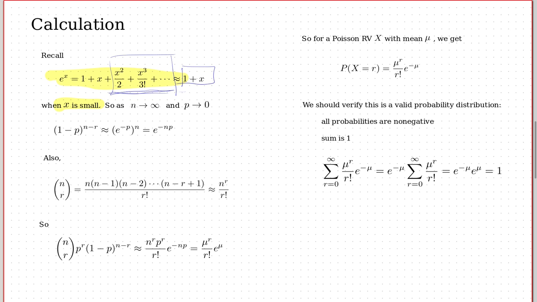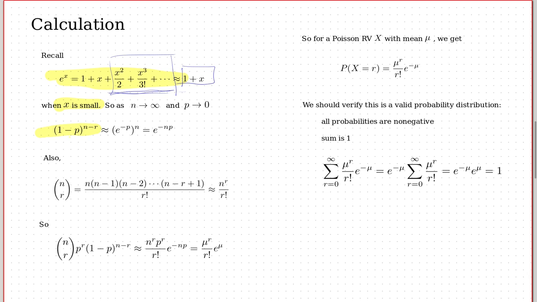In particular, look at this term here. Remember, this term occurred in the Bernoulli formula for the binomial distribution: 1 minus p raised to the n minus r.